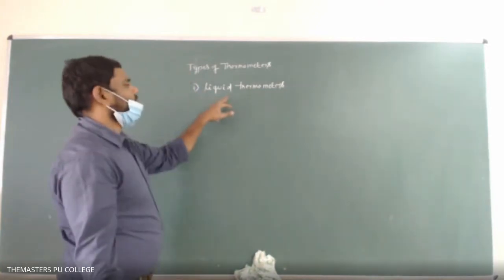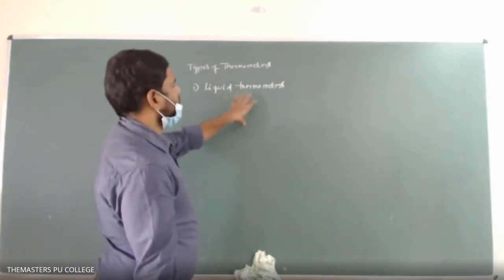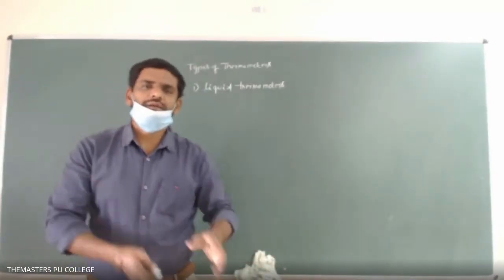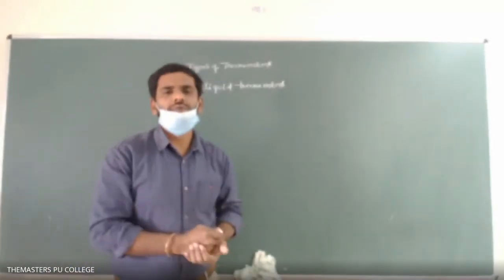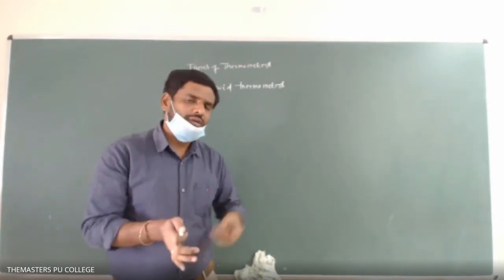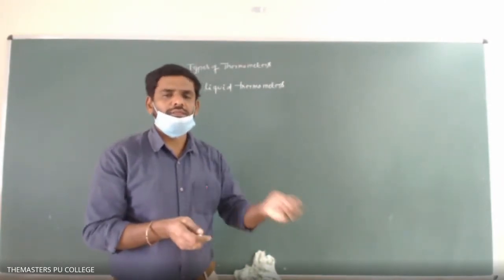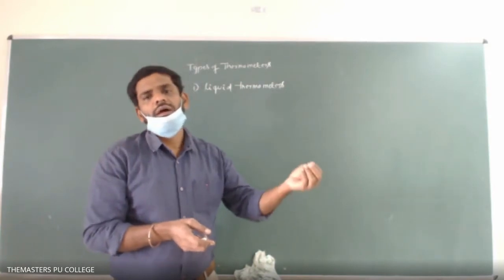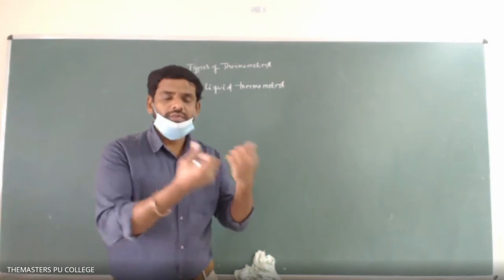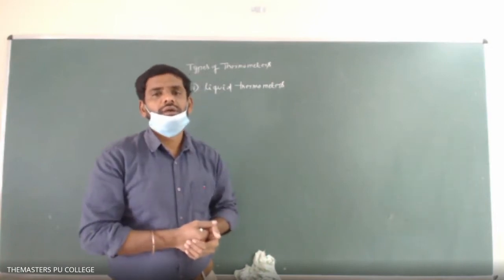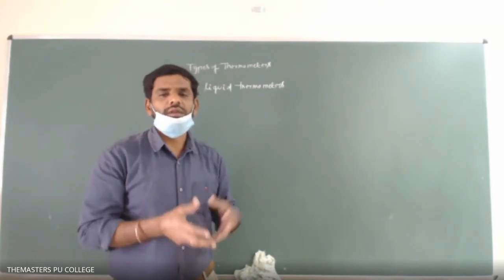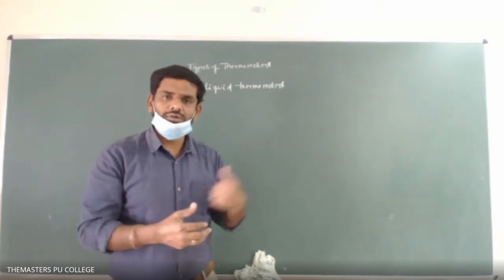On what principle does it work? Liquid expands on heating and contracts on cooling. The length of the liquid column increases if heat is supplied, and decreases if heat is extracted from it.